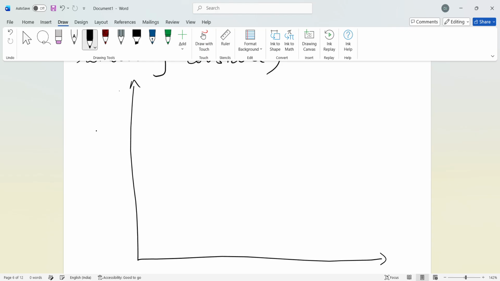I have total utility and marginal utility on my y-axis, and I have the ice cream scoops on my x-axis. So I have 1, 2, 3, 4, 5, 6, and 7.